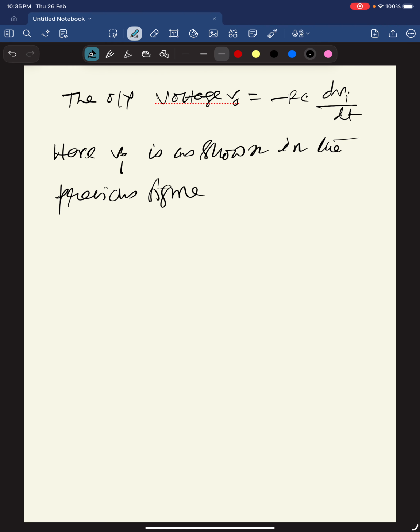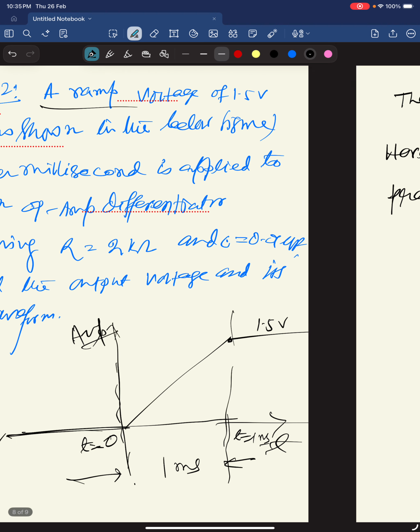Here Vi, that is the input voltage, is as shown in the previous figure.